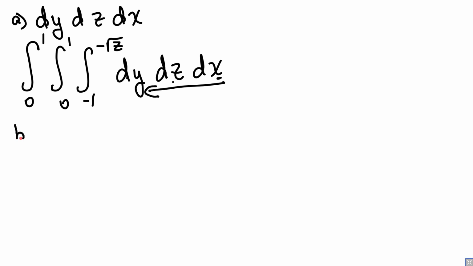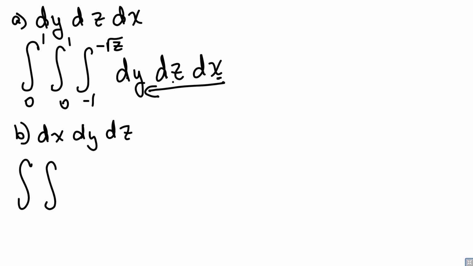Okay, so B, we're going to do dx, dy, dz. So we're going to have our triple integral. We're going to start off with dx, then we're going to go to dy, then dz.